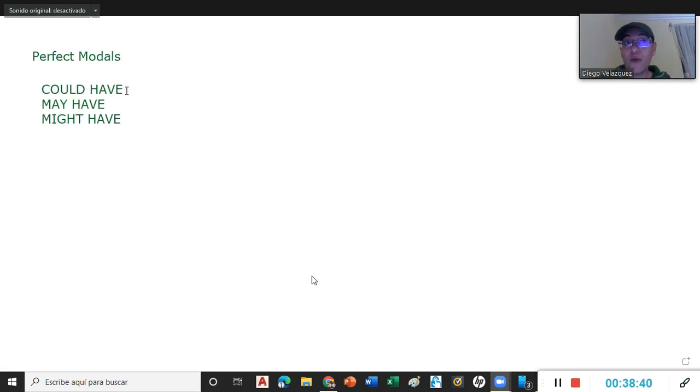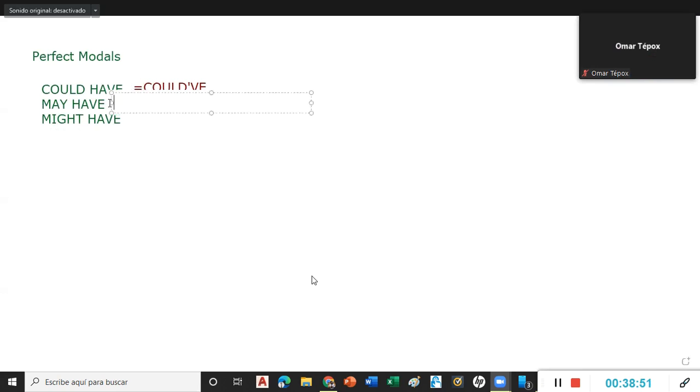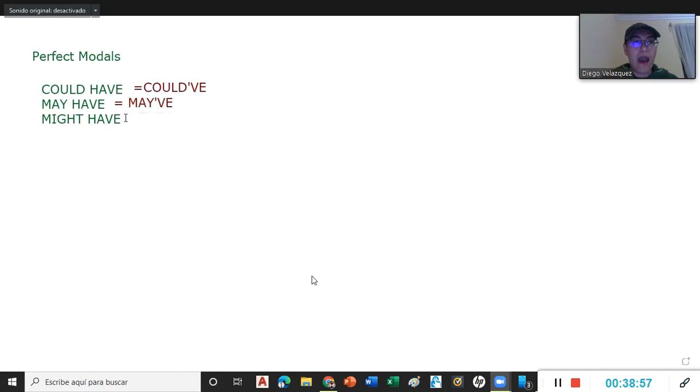How do we do this? Contract the modal verb with the auxiliary verb have. So as a result, guys, we can have the following.